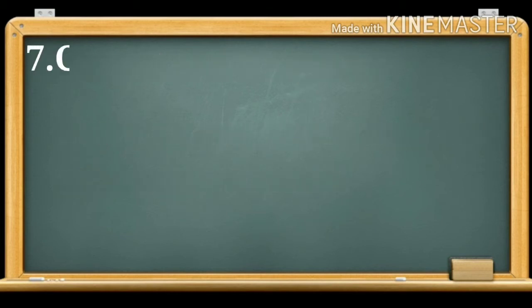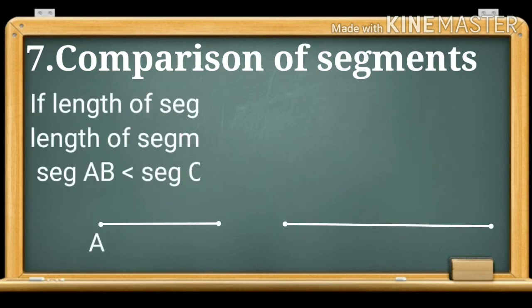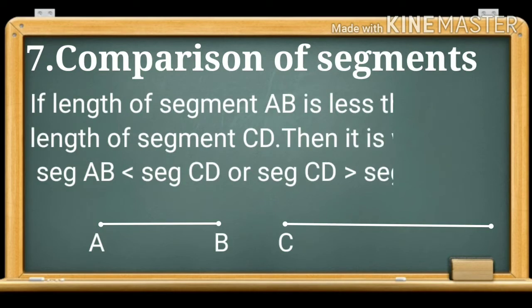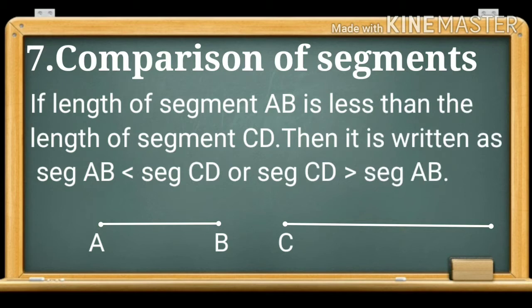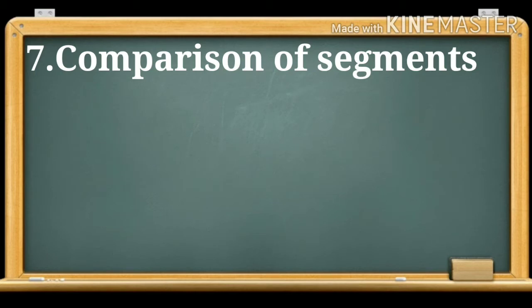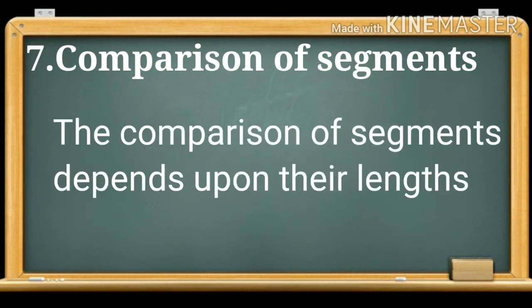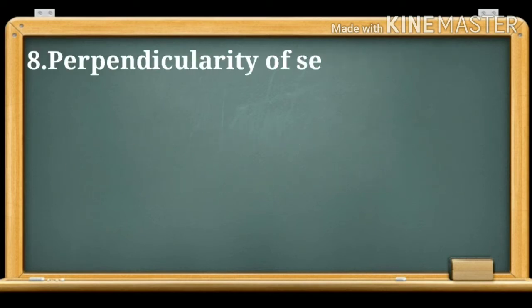Next is comparison of segments. If length of segment AB is less than the length of segment CD, then it is written as segment AB less than segment CD or segment CD greater than segment AB. Note that the comparison of segments depends upon their lengths. Next, perpendicularity of segments or rays.